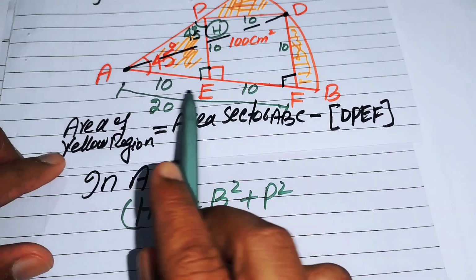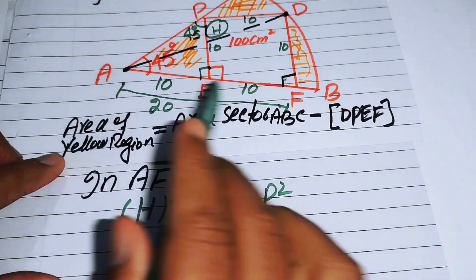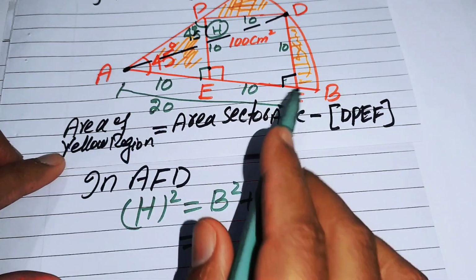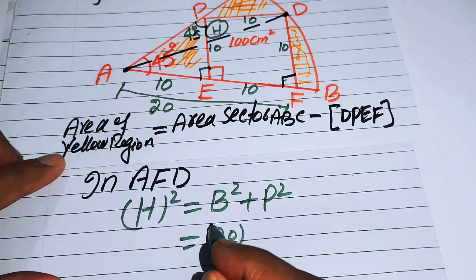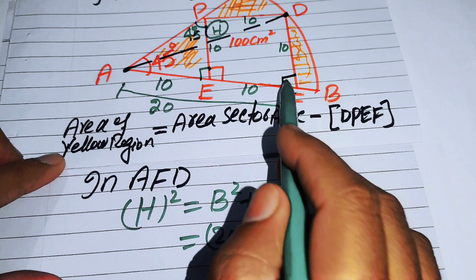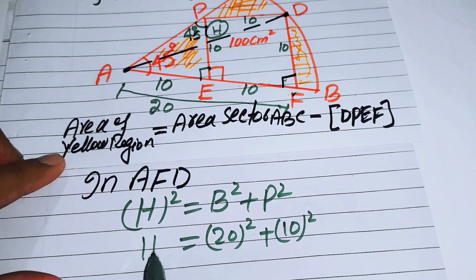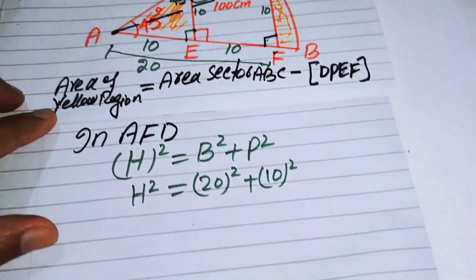Here AF is the base, which is 20 square, and our perpendicular FD is 10, so we have 10 square.